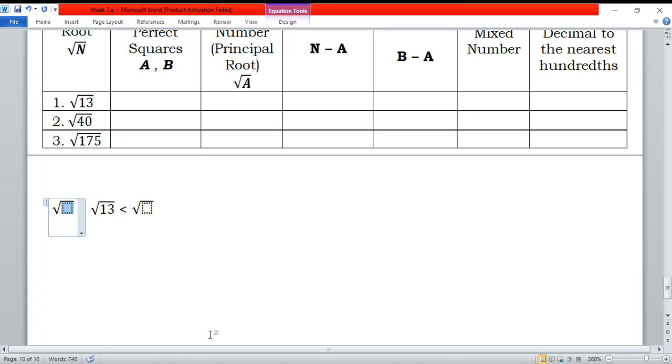So, that's 9. Square root of 9. Kasi square root of 9 is 3. Kasunod ng 3 ay 4, and this will be 16. Okay?